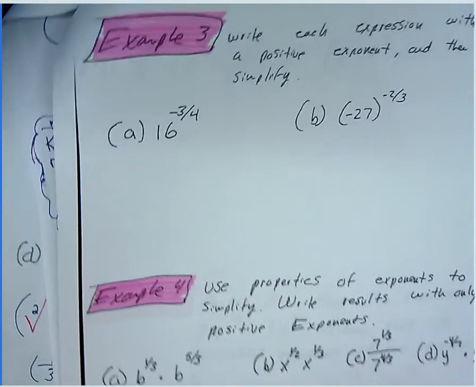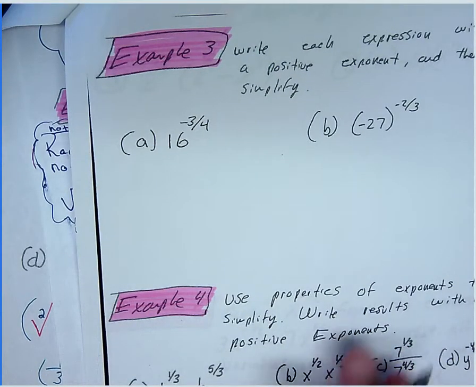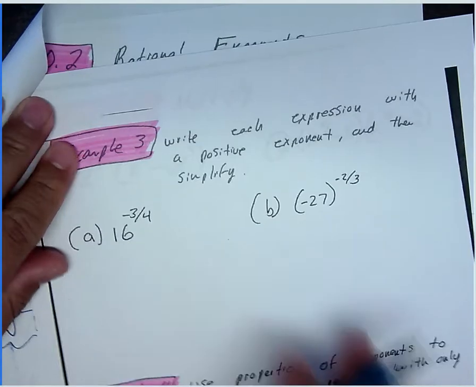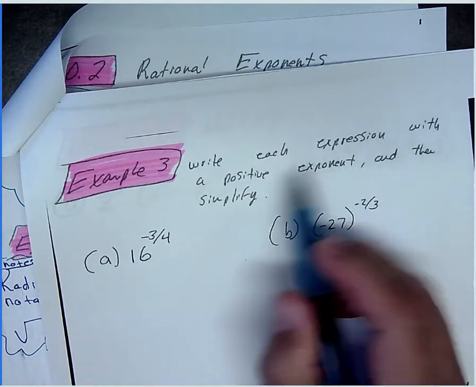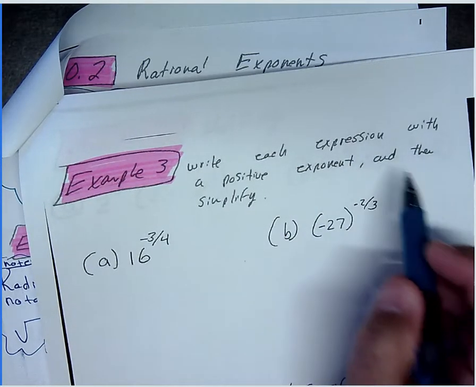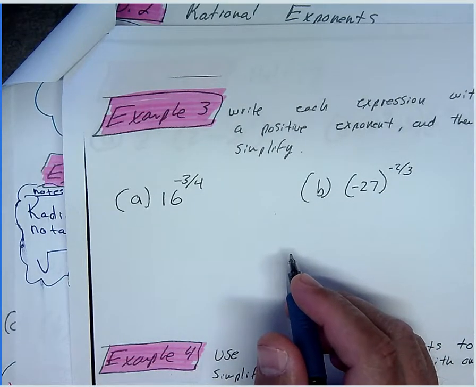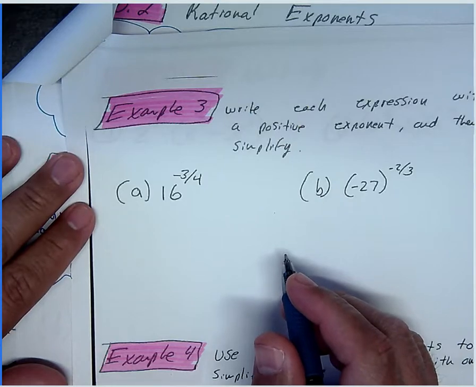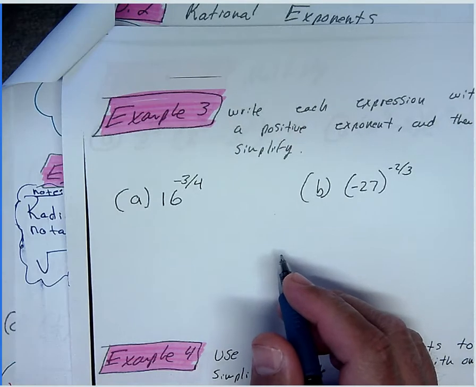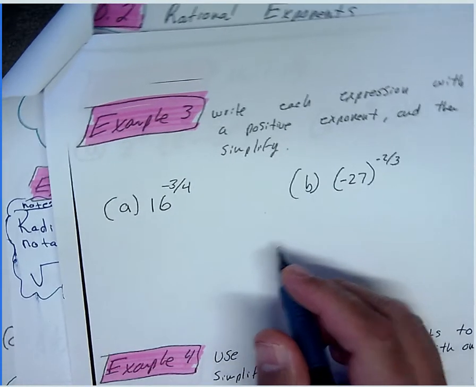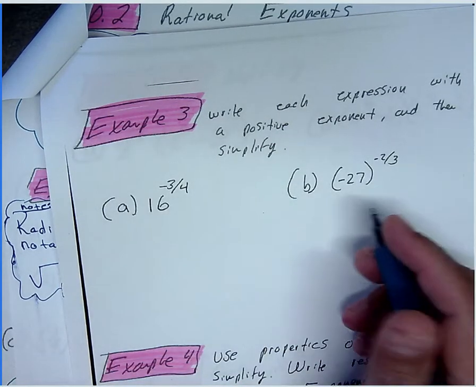So let me do example 3. Write each expression with positive exponents and then simplify. So they don't want the negative exponents. The first thing you need to do here for example 3 is to bring down using that rule that I just showed you.